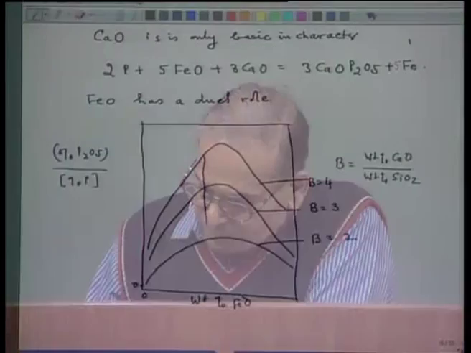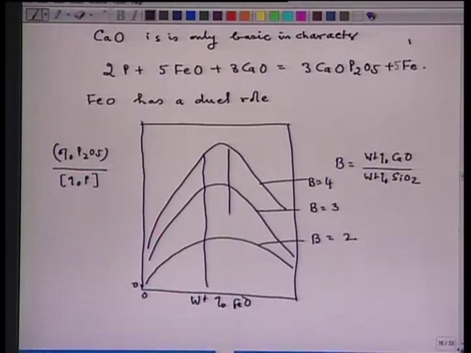That means FeO has a dual role: one is oxidizing, and in the decreasing mode, where dephosphorization decreases, it dilutes the effect of calcium oxide. In fact, this optimum FeO is around 15 to 20% of FeO. So, that is about the effect of FeO and CaO.